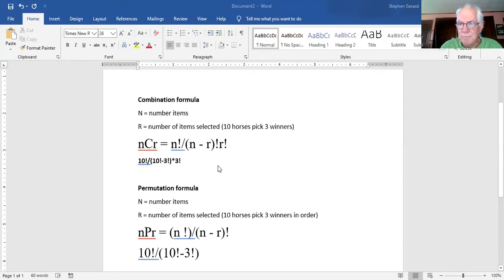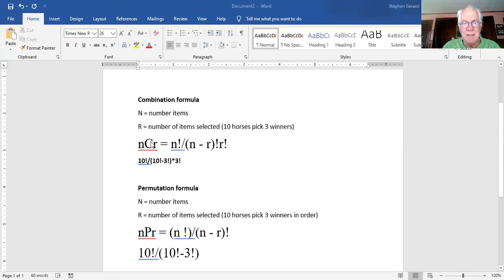A combination is, let me do a horse race, for instance. Suppose you have 10 horses and you want to pick 3 winners. You don't care what order they come in, but you want to pick the top 3 coming in. There's a formula for that, and it looks like this.